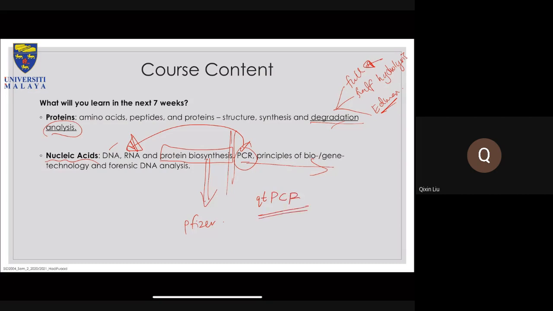So we will look at that on Tuesday next week. We will also look a little bit at the principles of biotechnology or genetic technology, and how you can utilize all this technology in forensic DNA analysis.